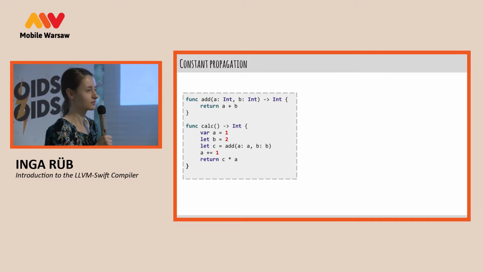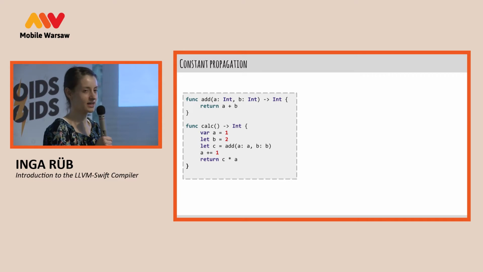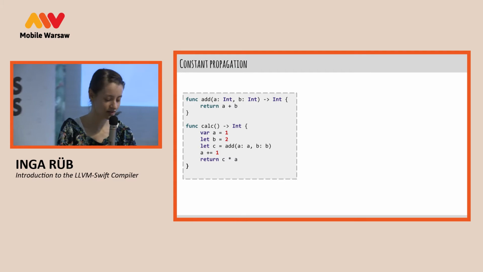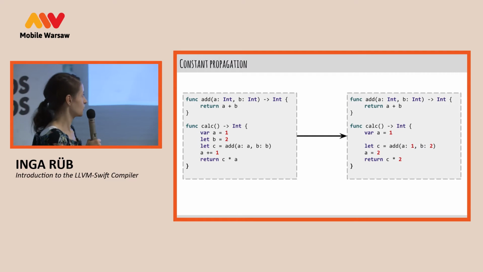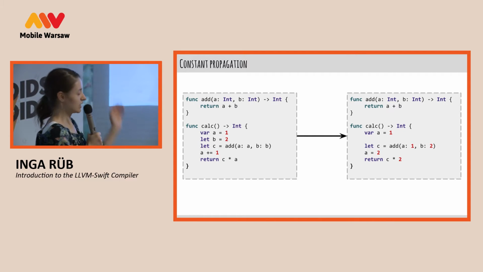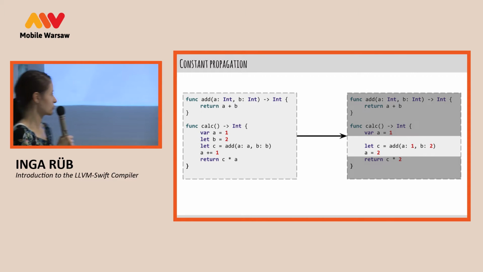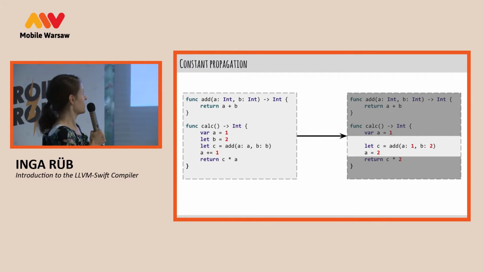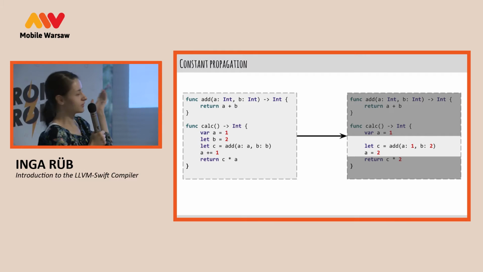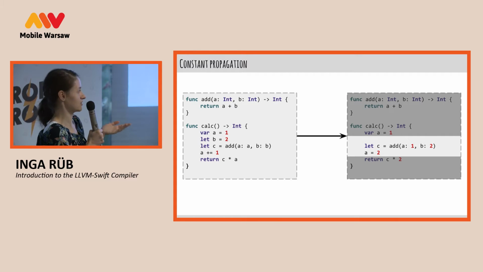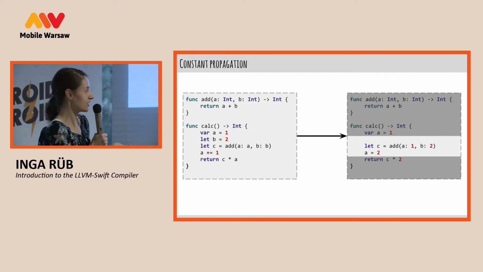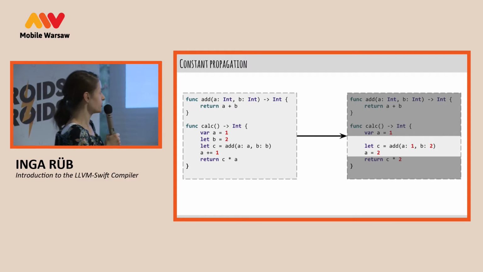It can just calculate it in the compilation time, not in the runtime. So at first, let's focus on these three lines. If we have constant propagation in the compiler, then the compiler doesn't even create the variable b, because it understands that b is just an argument for the function add. So we just create the value 2, not the variable.